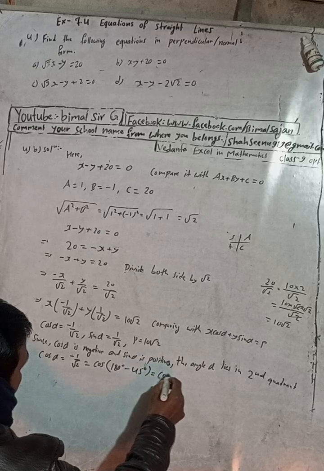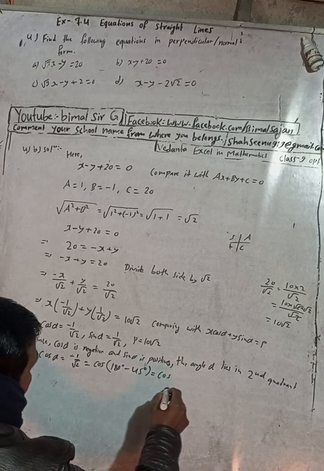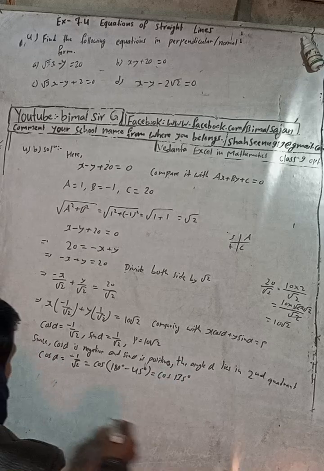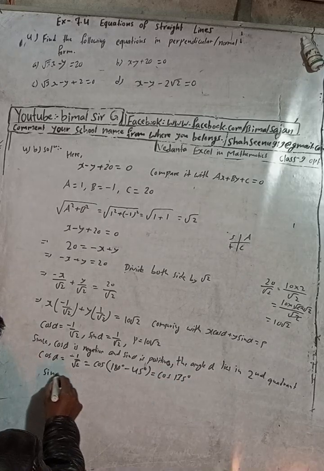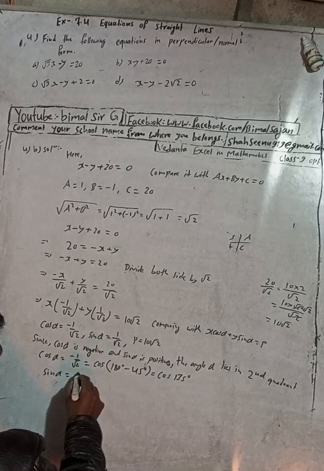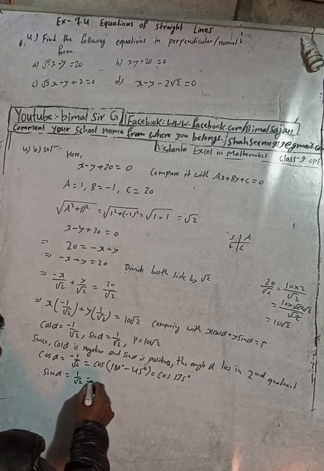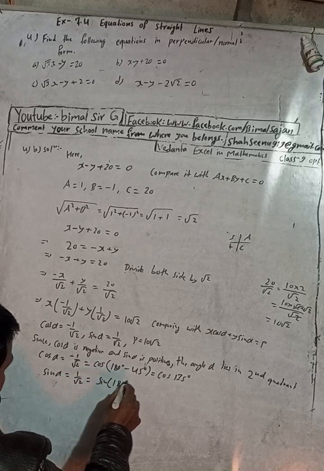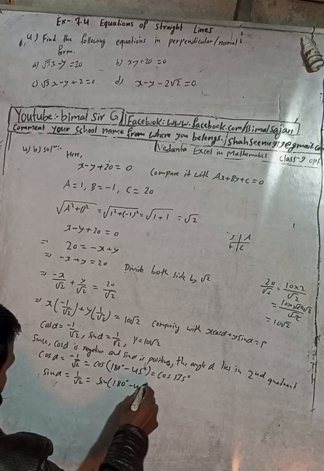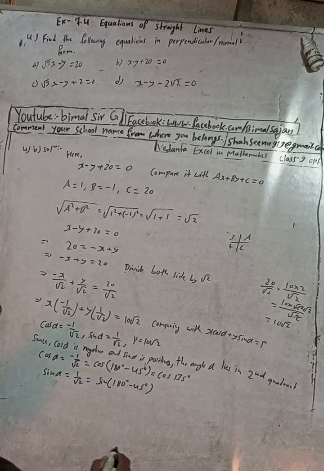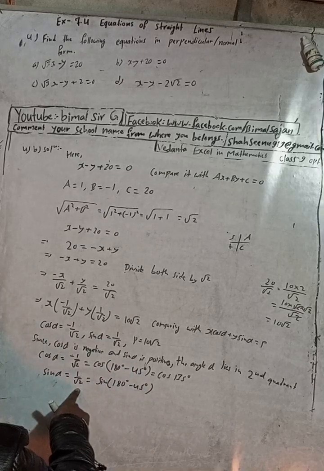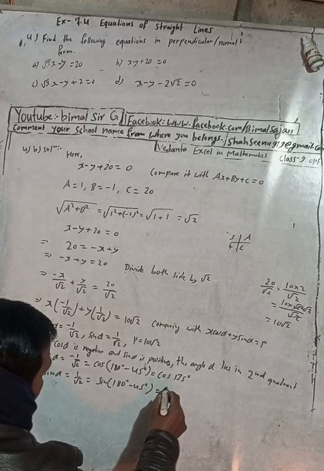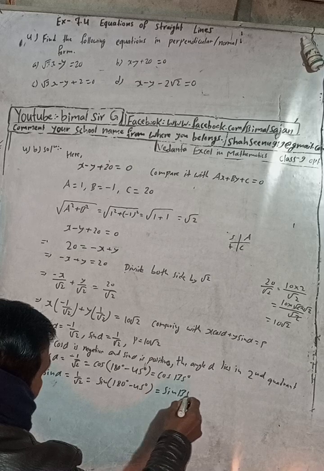When you solve this, cos 180 minus 45 is equal to 135 degree. In the same way, sin alpha is equal to 1 by root 2, so sin 180 degree minus 45 degree, because 1 by root 2 is sin 45 degree. When you solve this, it will be sin 135 degree.